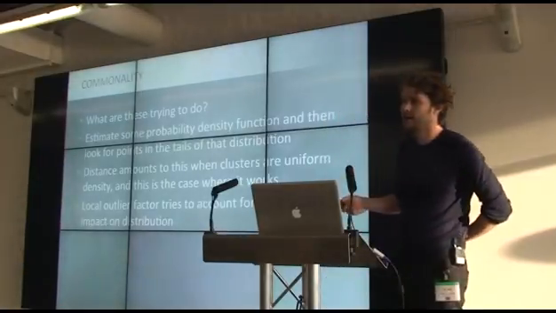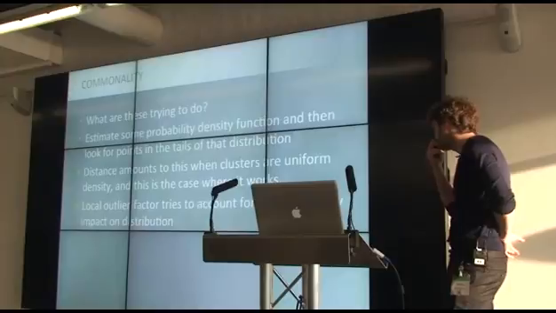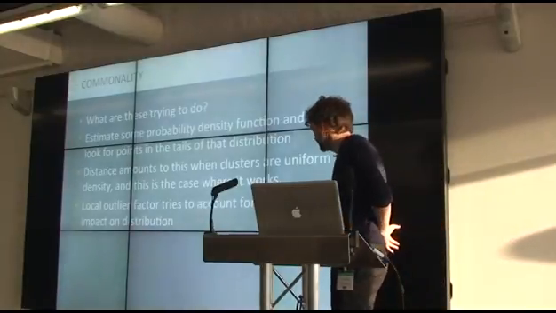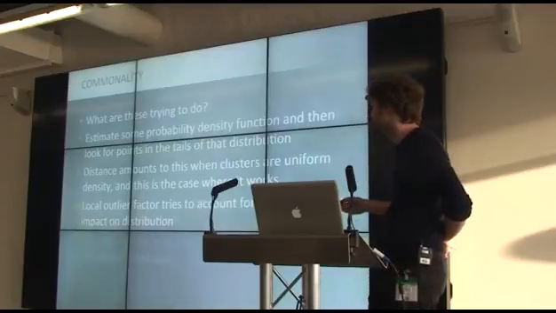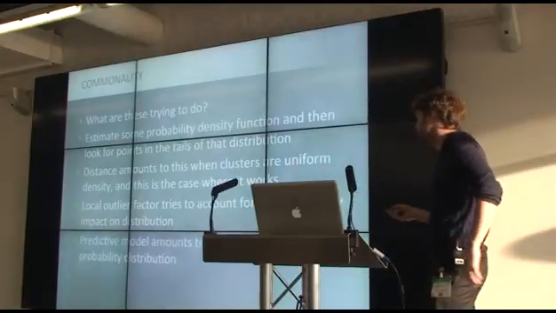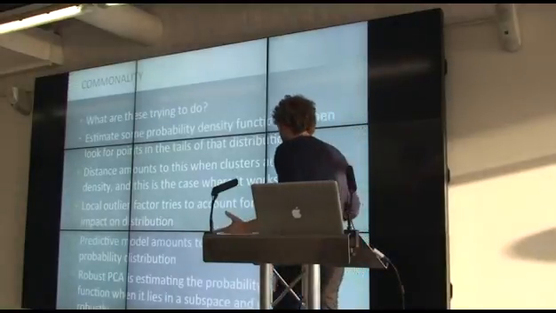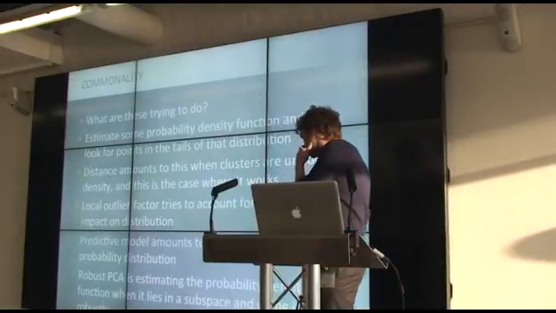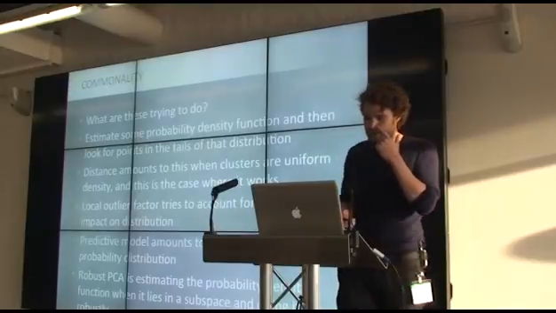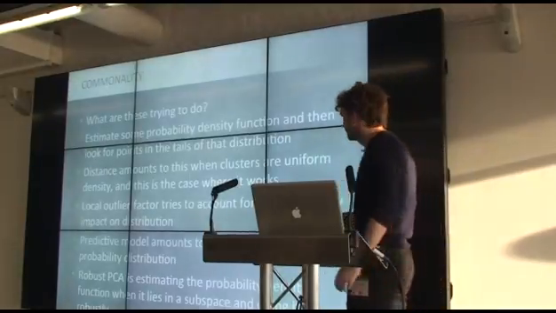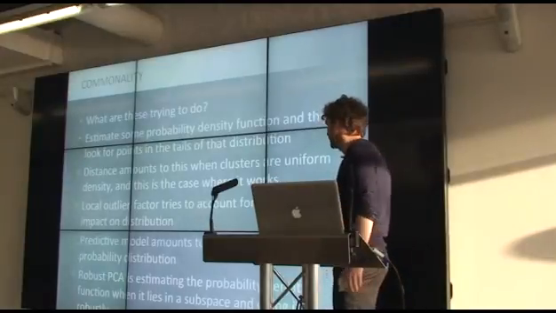So it's essentially accounting for the impact of cluster density on the distribution. Predictive model, where you have a path-dependent density function, and principal components, you're doing this where your density is a subspace, and you're doing it robustly as well.